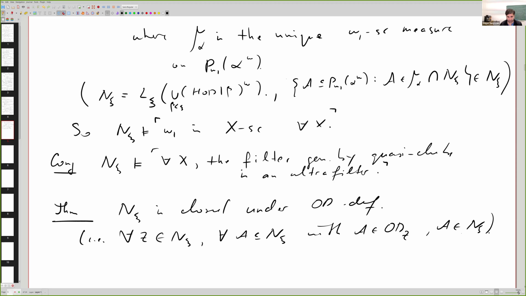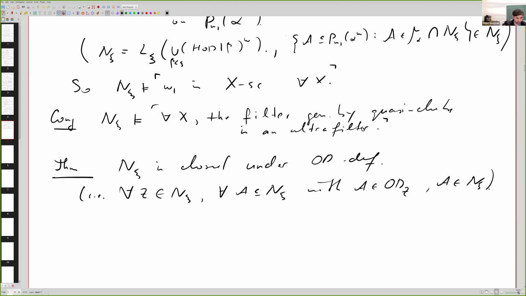Yes. Okay. But now you cannot prove, at least it's not obvious, that the quasi-clubs... You have a set which has measure 1. You know there is a quasi-club contained in it. You cannot prove it's ordinal definable. So what this conjecture is saying is that it's ordinal definable from something in N xi.